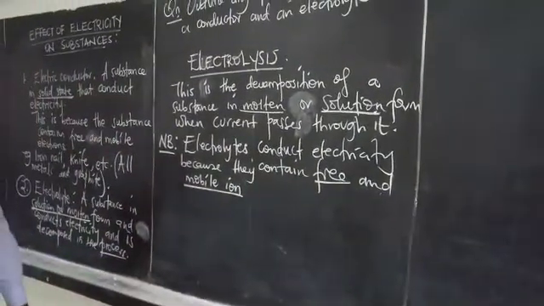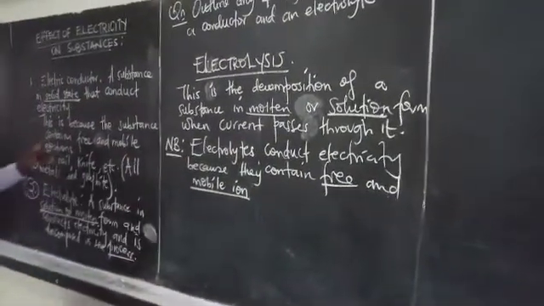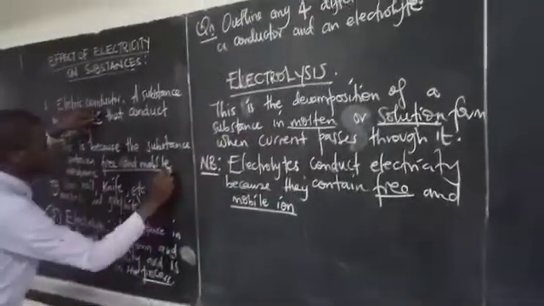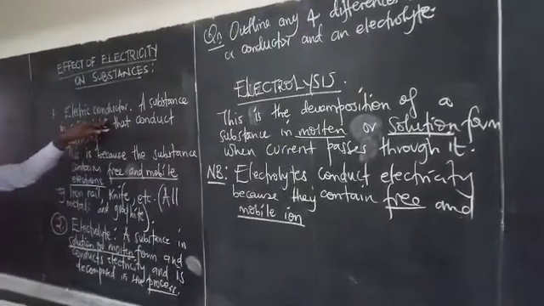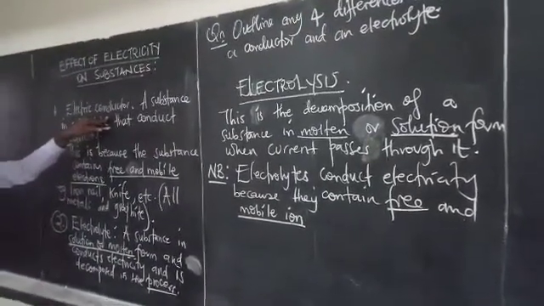You will realize that conductors conduct electricity because they have free and mobile electrons. These electrons can be there even in solid state, and they are mobile.